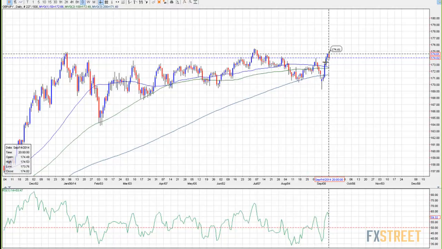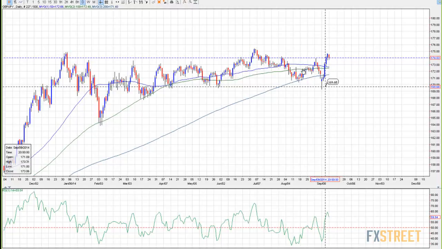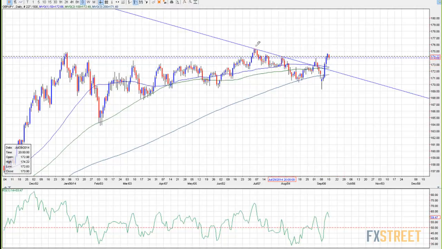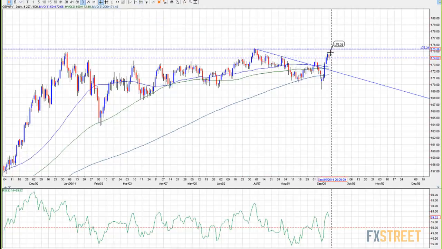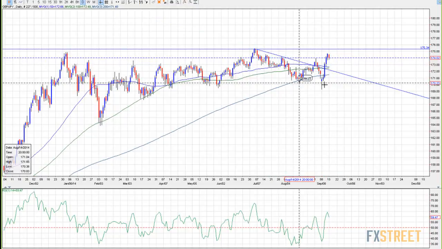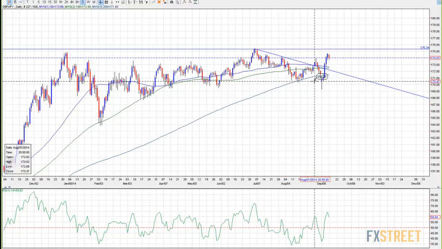It looks like it's poised to test the high on the year here at, let's see, 175.34. And I think, like the Euro yen, this might be a candidate to buy on the dip after this very choppy few weeks, but we want to maybe wait until after the referendum on Wednesday.